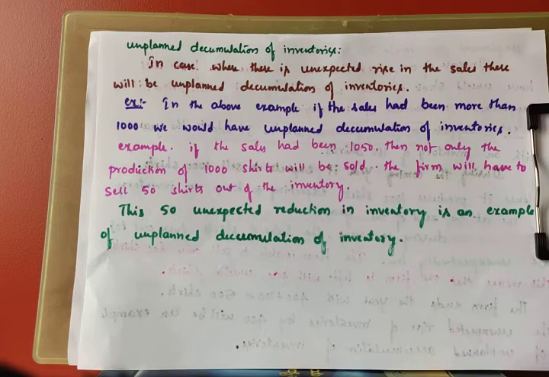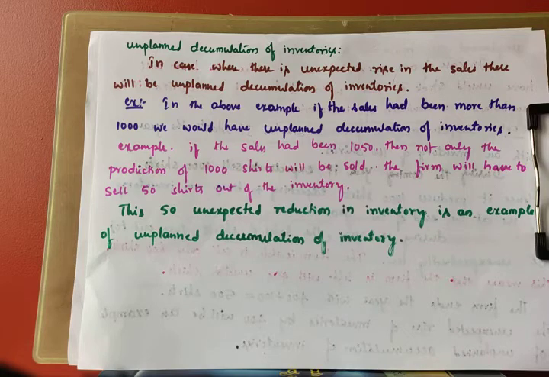There was only the possibility to sell 600 shirts, and the remaining 400 plus the 100 already kept, that is 500. That was unplanned accumulation. Unplanned decumulation means unexpected rise in the sales, and this is called unplanned decumulation of inventories.